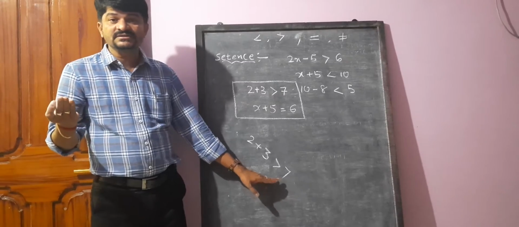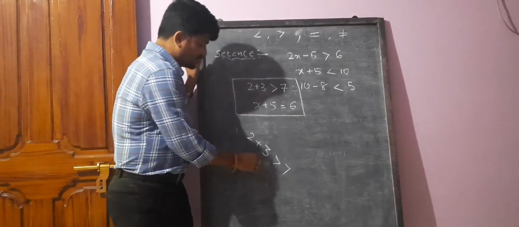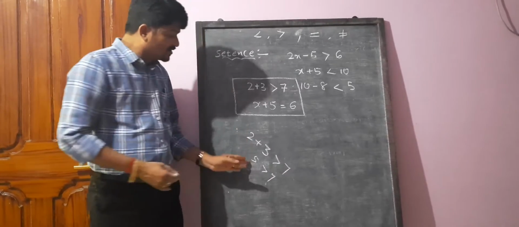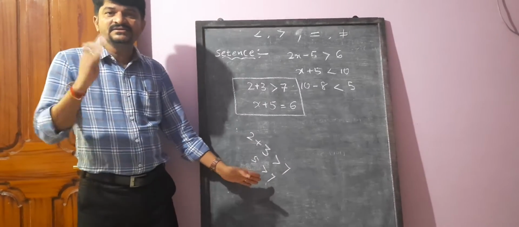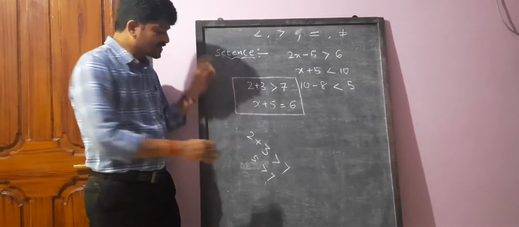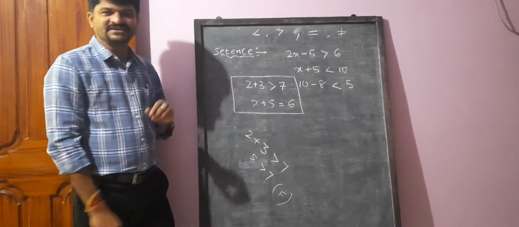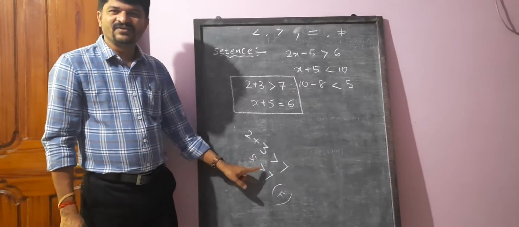Some students can answer: sir, 2 plus 3 is equal to 5, so 5 is greater than 7. No, sir, you are wrong, they will say immediately. But I am not wrong. This sentence is a false sentence.